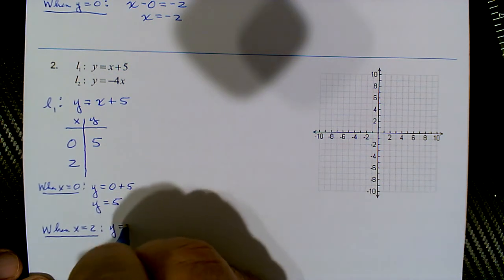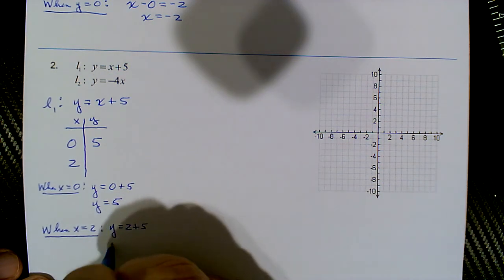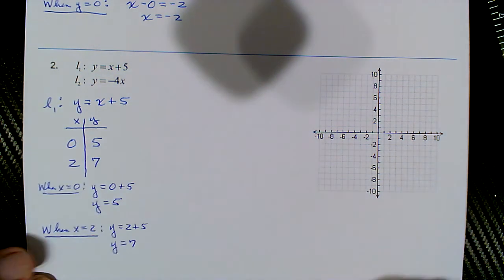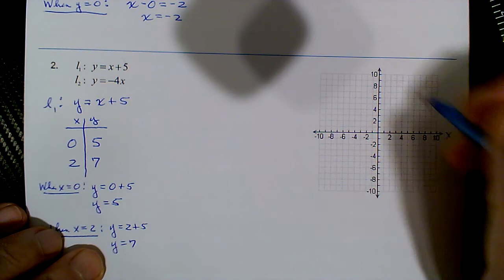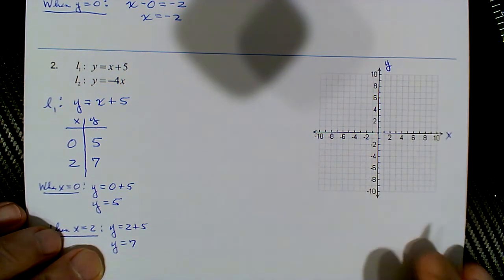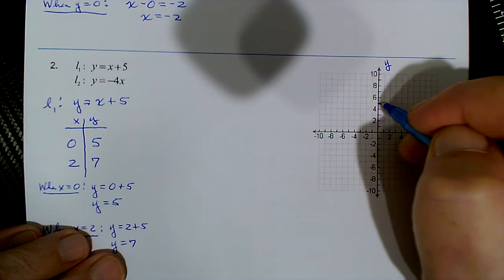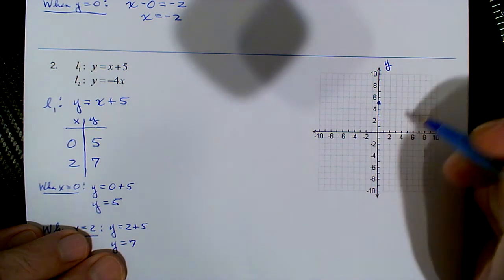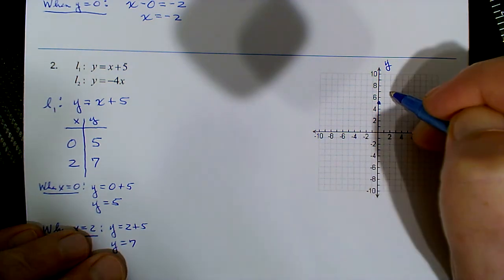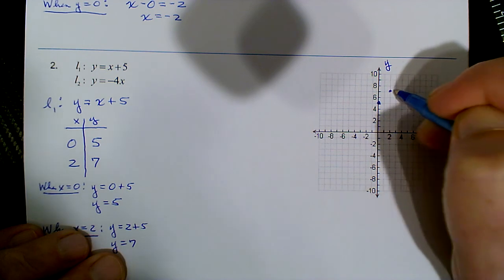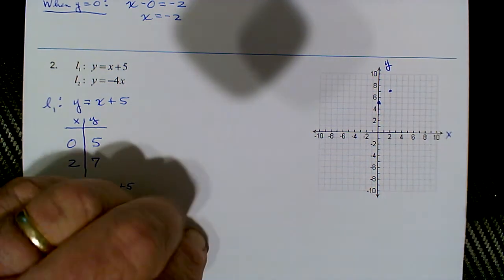But if x is 2, 2 plus 5, or 7. Okay, so let's graph that. So 0, 5, that's our y-intercept. Right there. 2 and 7. Looks like it's right there. Draw the line.